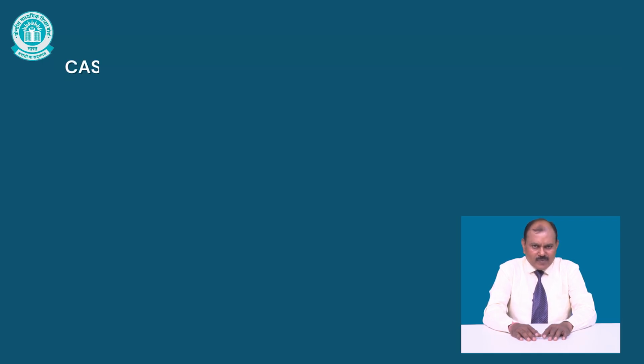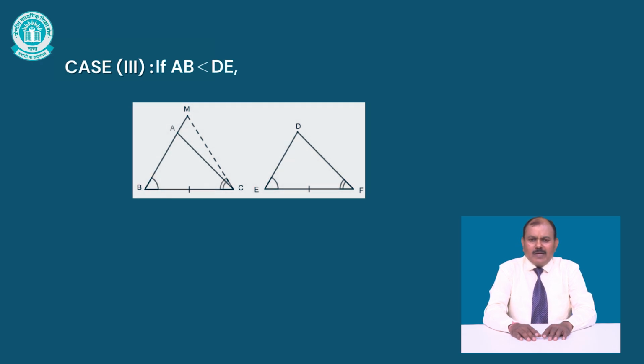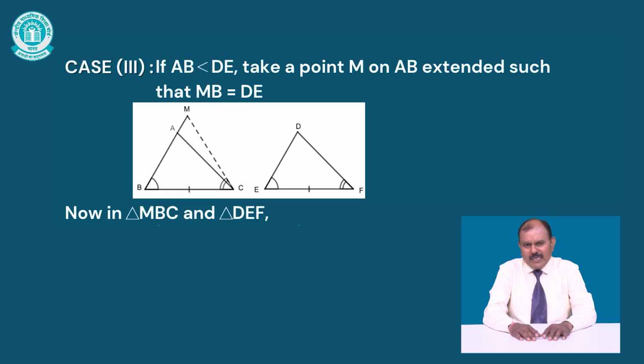Case third, if AB is less than DE, take a point M on AB extended such that MB equals DE. Now, in triangle MBC and triangle DEF, MB equals DE by construction.